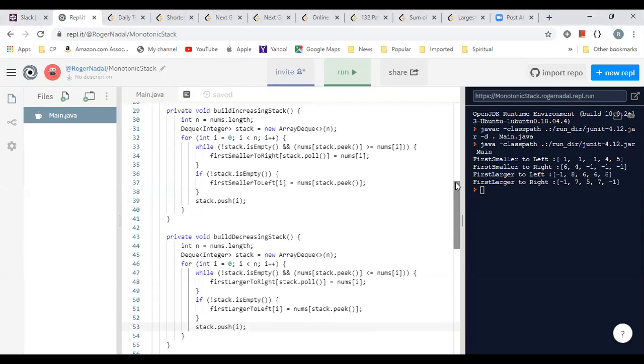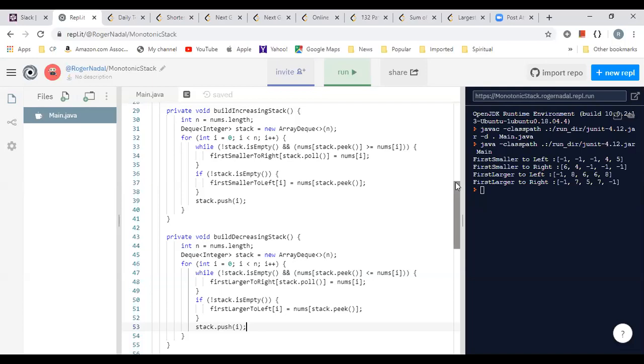From this function, we are able to figure out first smaller to left and first smaller to right. What if we use the same code and traverse the numbers from right to left, and use the same logic, build the increasing stack? Can we figure out the first larger to left and first larger to right?